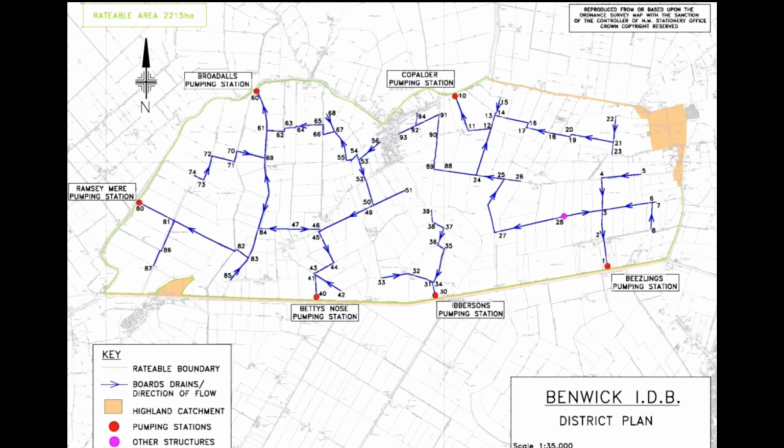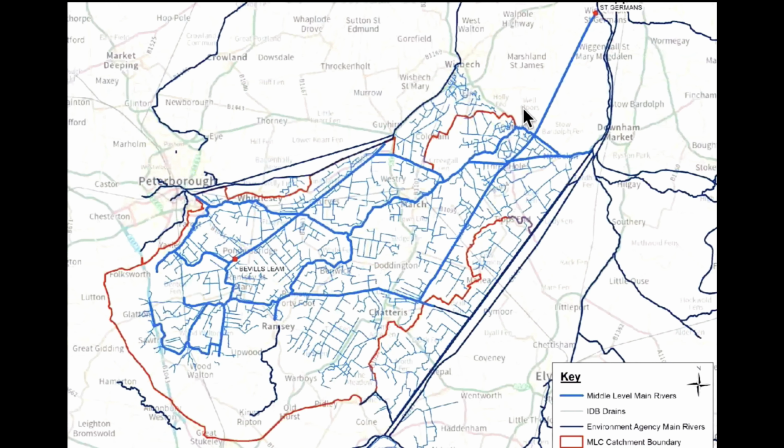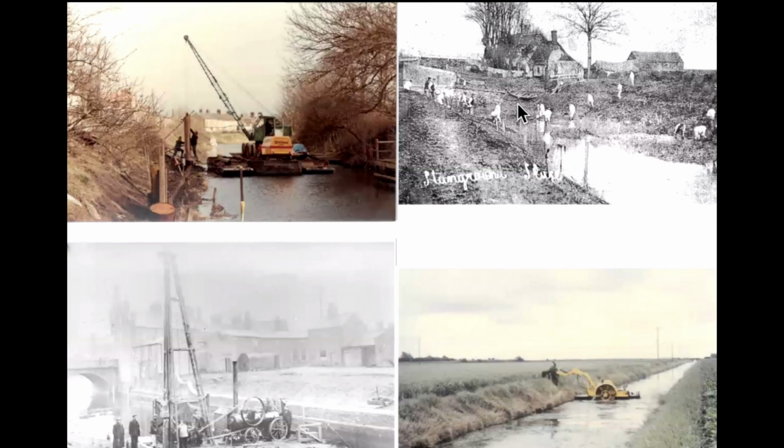So their system of drains connect together to a series of pumping stations dotted around the district, lifting the water up, in this case, into the 40-foot drain, or Vermuyden's drain, along the southern edge, or into the course of the old River Nene, which runs along the top through Benwick. And here we can see the 6 pumping stations of the Benwick I.D.B district.